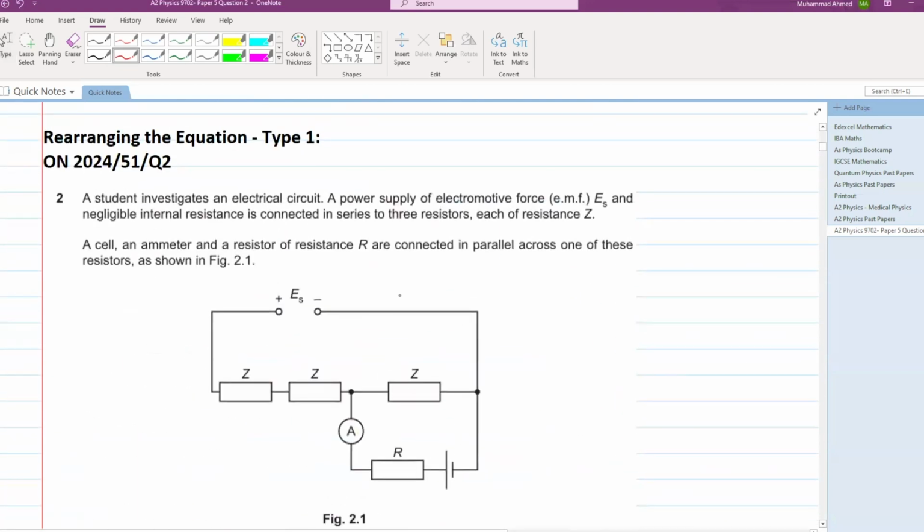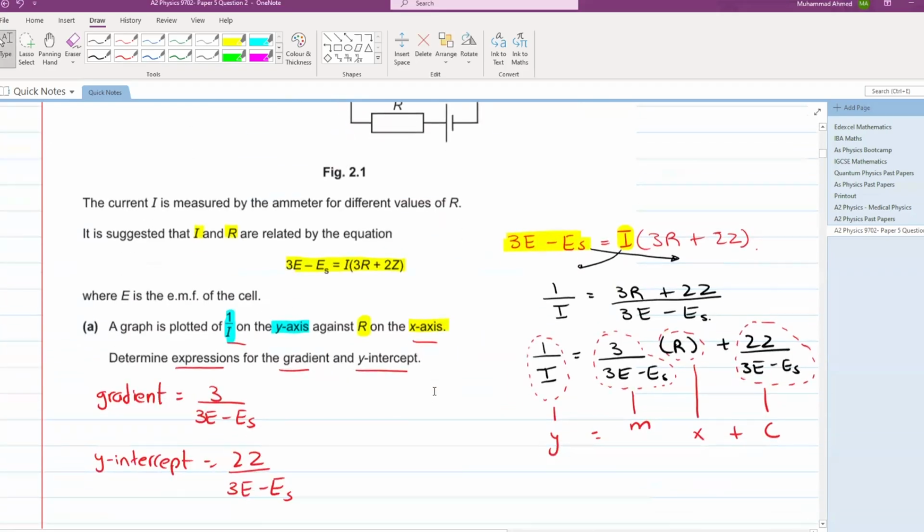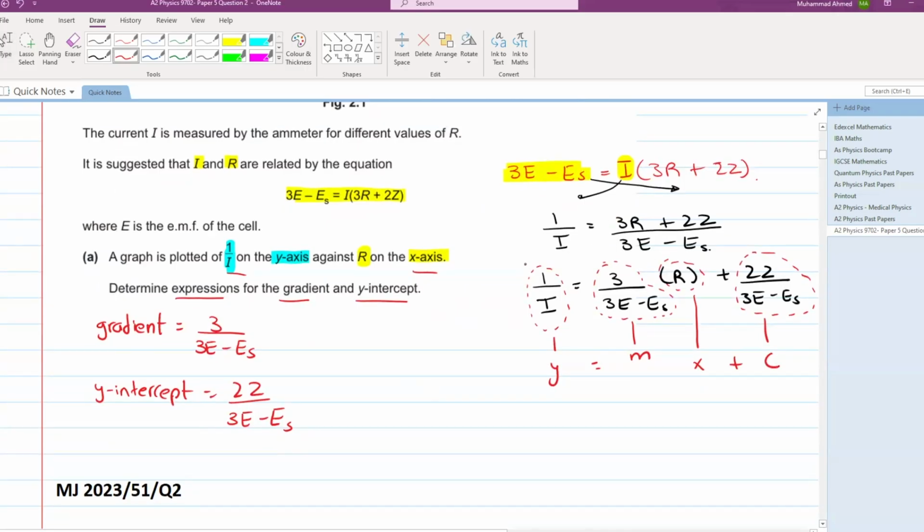You will be given an equation, and told what is plotted on the y-axis and what is plotted on the x-axis. You will have to rearrange it so that the term to be plotted on the y-axis is isolated like this, and the given term is on the x-axis. Then you will compare and find the gradient and the y-intercept.